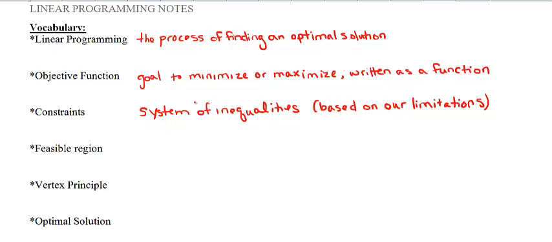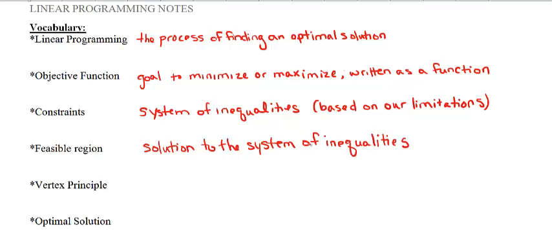Once we graph our system of inequalities, we'll identify our feasible region. This is the solution to the system of inequalities. The vertex principle says once we graph, we identify our system of inequalities and we graph to find that feasible region, the shading, or the solution to the system of inequalities.